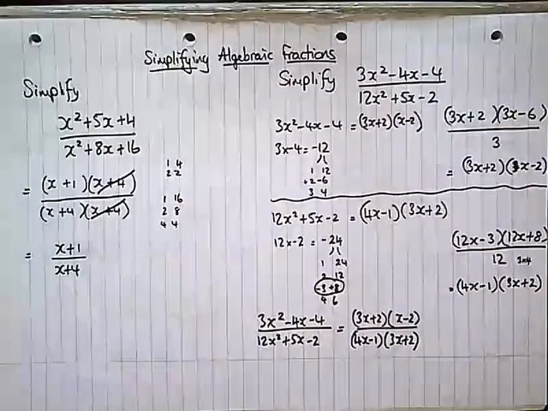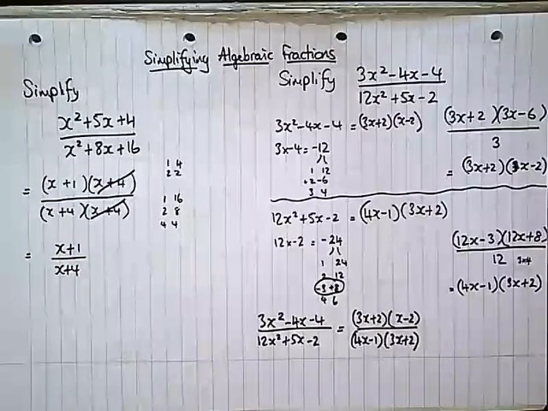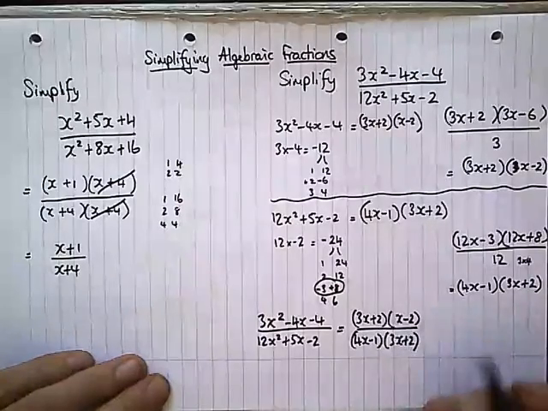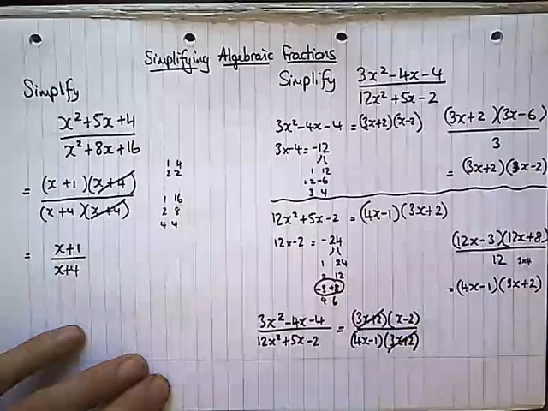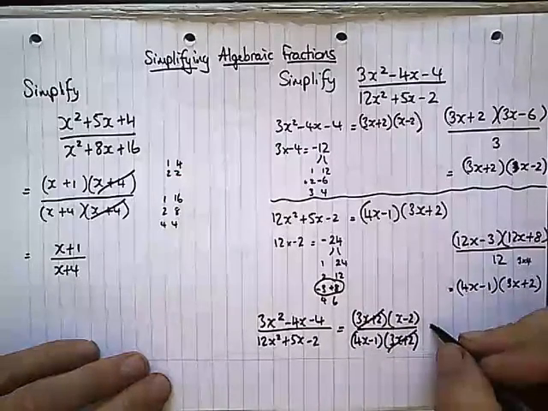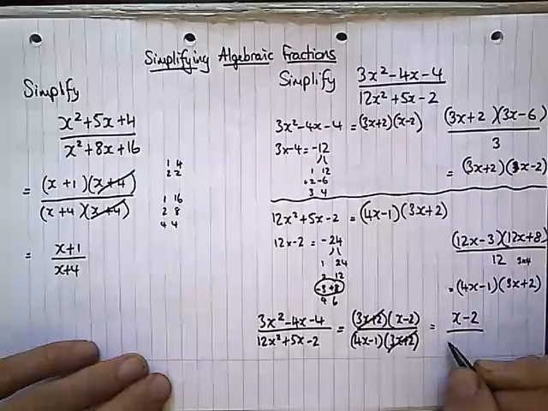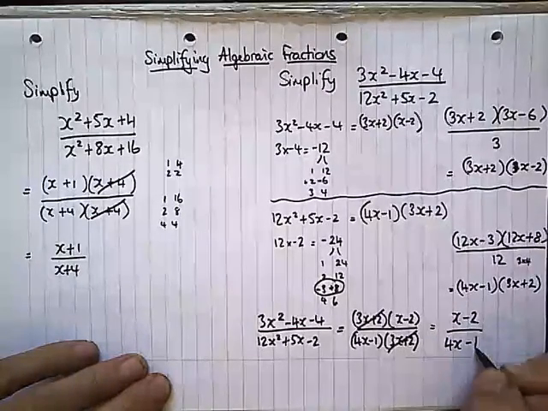And now we're going to look to see whether there's anything similar that we can cancel. Okay, so there's a 3x plus 2 in both numerator and denominator, so they can be crossed out. Nothing else is the same, so our simplified fraction is x minus 2 over 4x minus 1, and that's your answer.